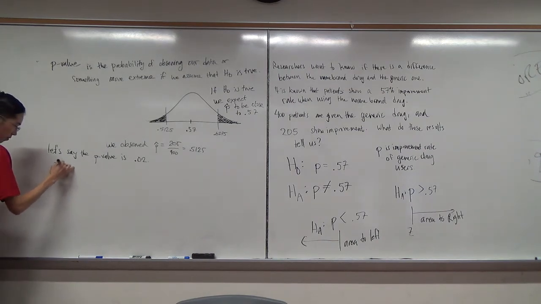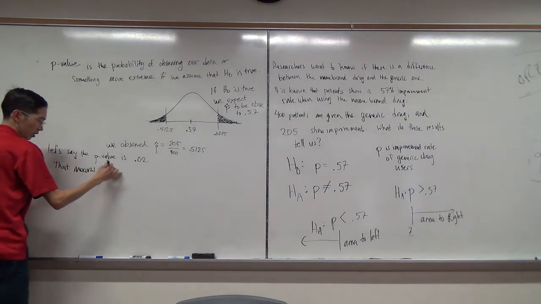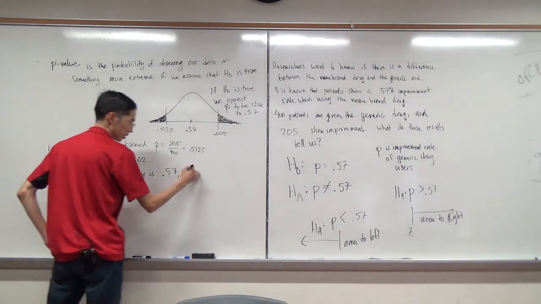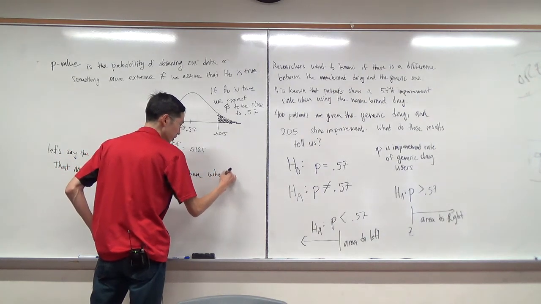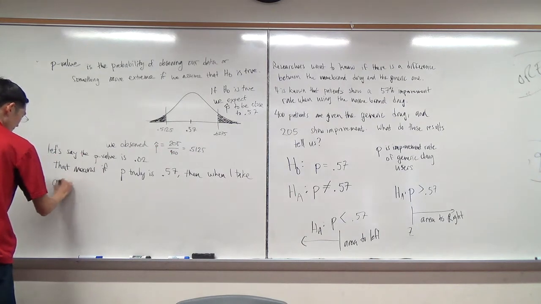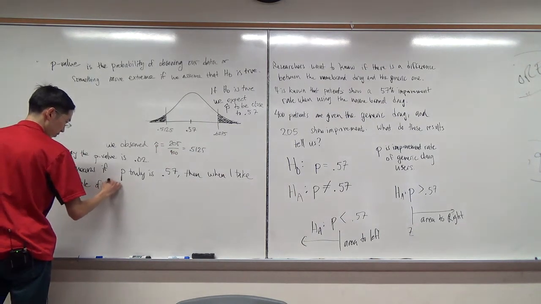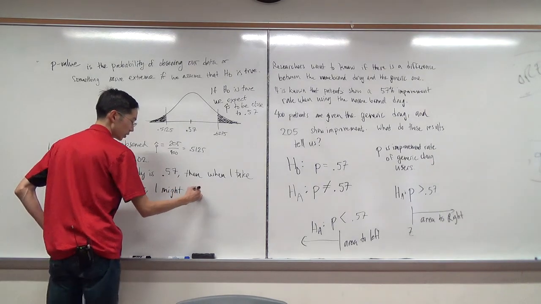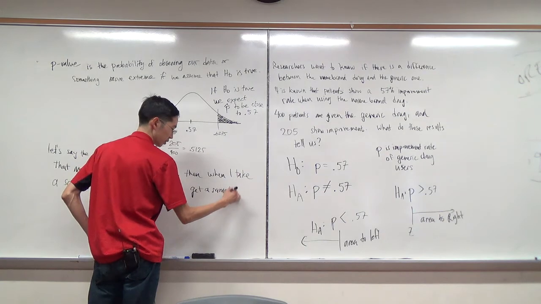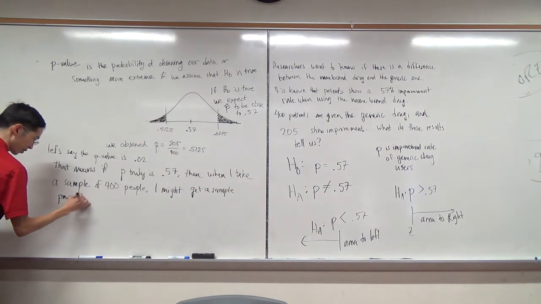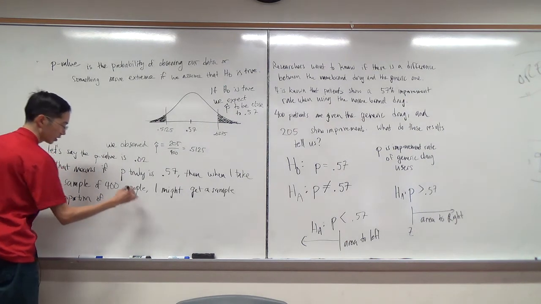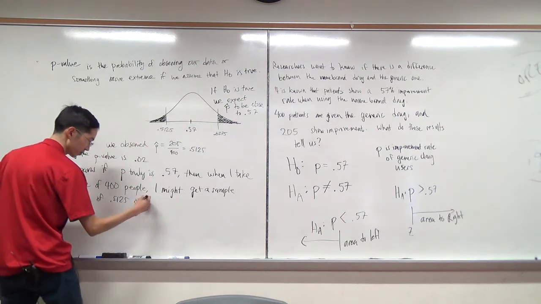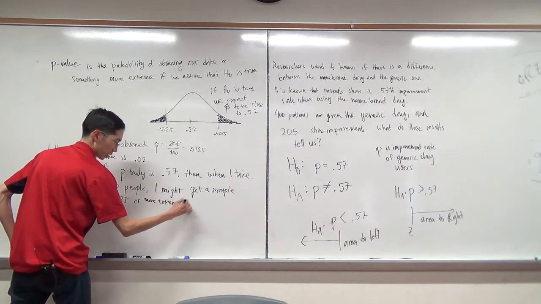That means if p truly is 0.57, okay, then when I take a sample of 400 people, I might get a sample proportion of 0.5125 or lower, or more extreme, by random chance alone.